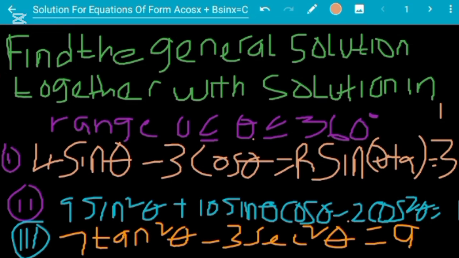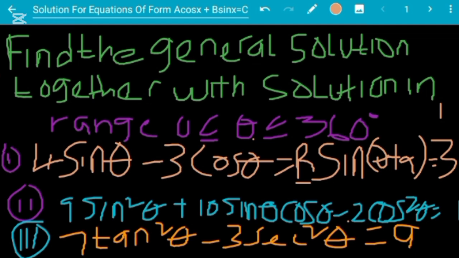And also we have another example that says 4 sine theta minus 3 cos theta, equal to R sine, open the bracket, theta plus alpha, close the bracket, is equal to 3. There's a restriction here. We have theta which is unknown, alpha which is unknown, and R which is also unknown.